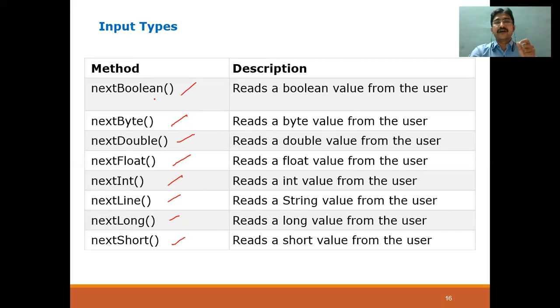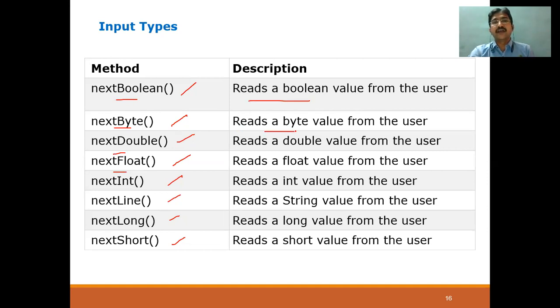If you remember the primitive data types, integer, float, double, long, short, boolean, all are primitive data types, right? The same here: next followed by the data type name.